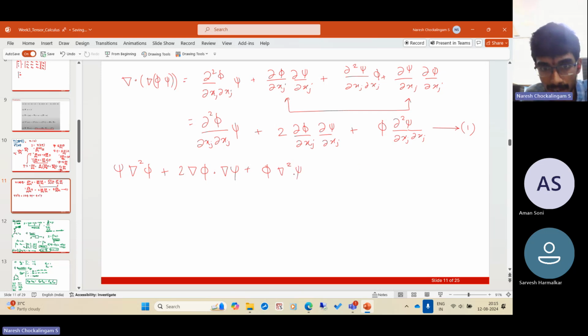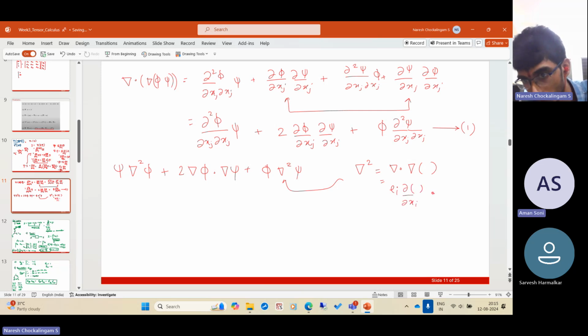Now let us get what this operator is. This operator is del square, which is del dot del of something. This operator is ei ∂/∂xi, dot product with say ej ∂/∂xj. These are components, which are scalars, so you can say ei dot ej times ∂/∂xi of ∂/∂xj of something.